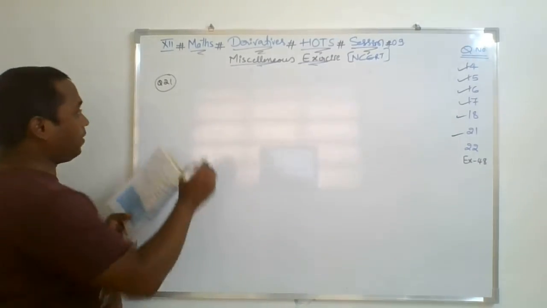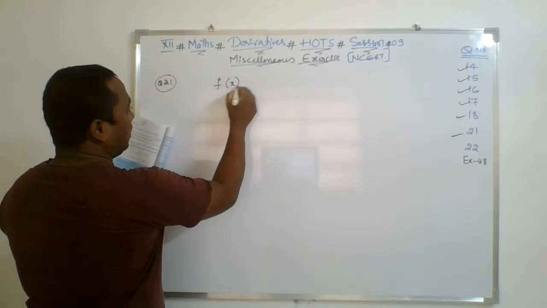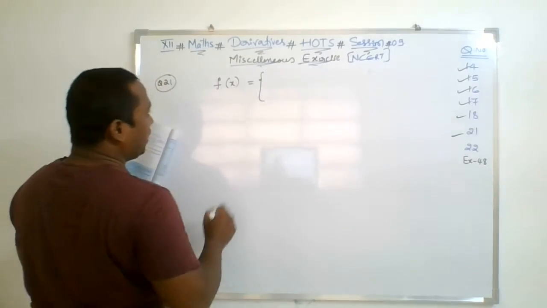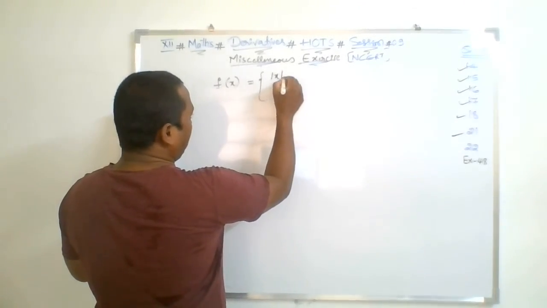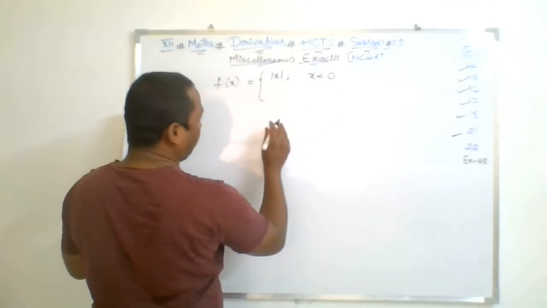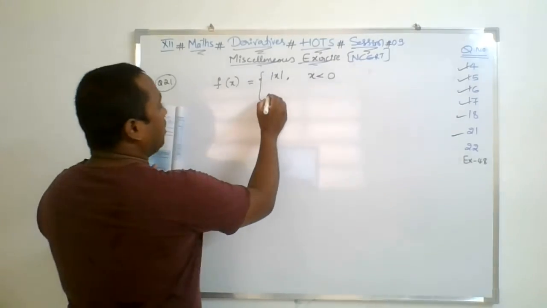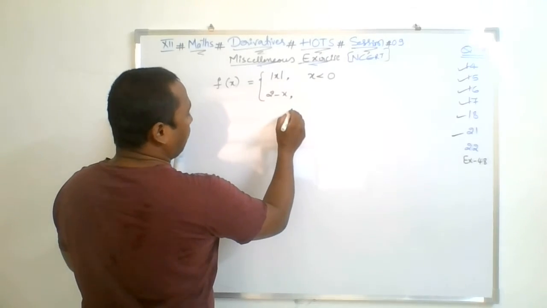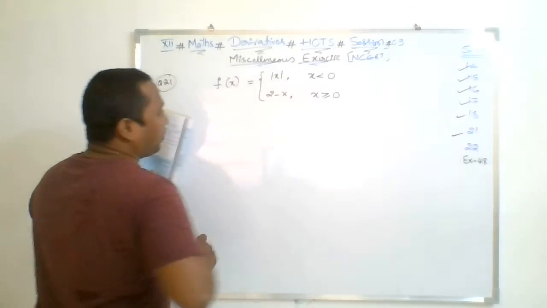So there is a function, I'm simply giving one function here. You can just go with this. f(x) is |x| where x is less than 0, this covers only the half portion, and 2 minus x is another function where x is greater than or equal to 0.